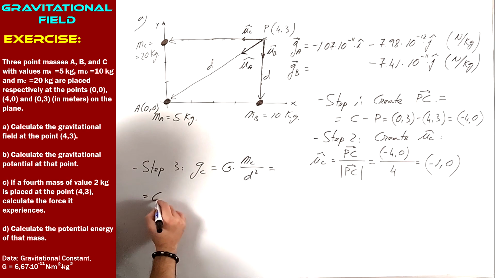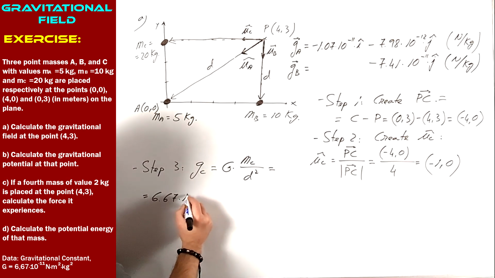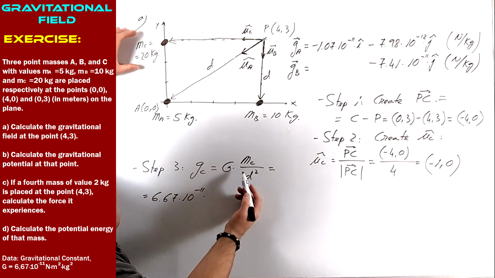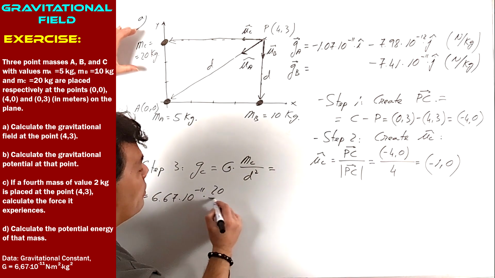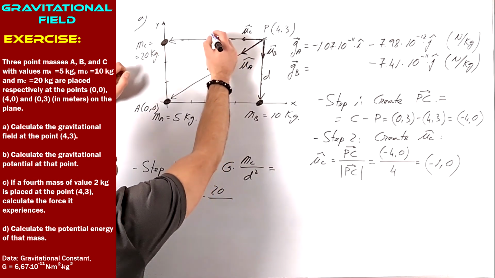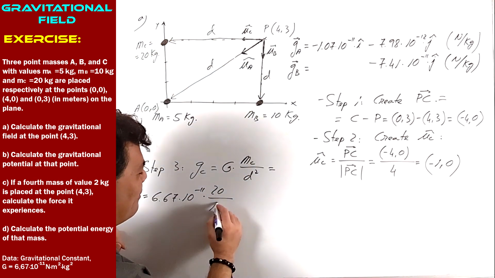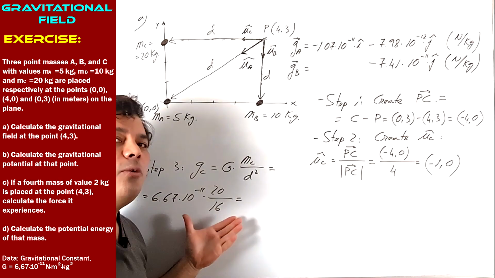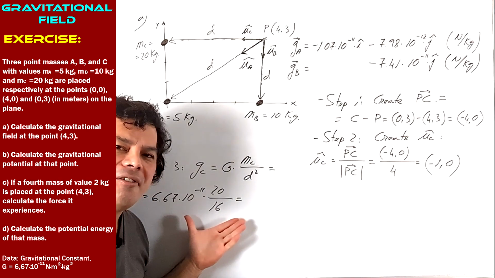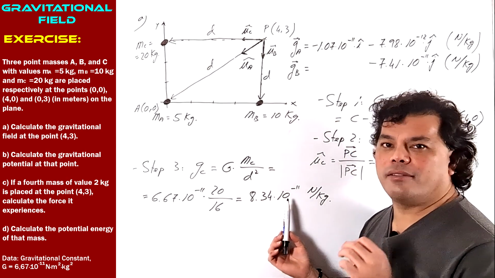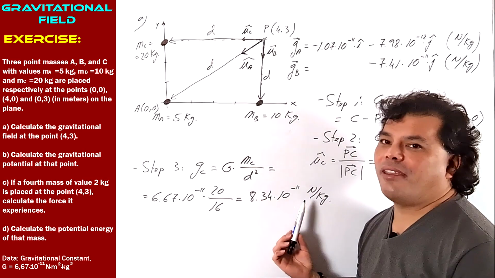We do 6.67 times 10 to the negative 11 multiplied by the creating mass, 20 kilograms, divided by distance squared, 4 squared, that is 16. And as always, it's time to use our calculator. If you did it carefully, I hope you obtain 8.34 times 10 to the negative 11 newtons per kilogram.